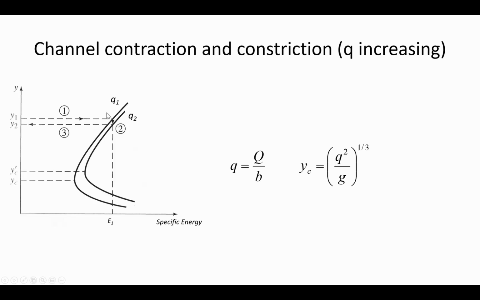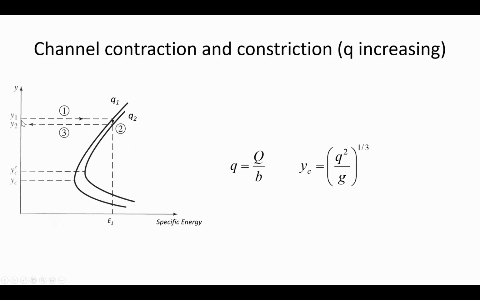If specific energy has gone up and to the right, then that's going to adjust the flow depth for a certain specific energy in the channel. If you had supercritical conditions, that would have one effect. If you have subcritical conditions, that would have another.